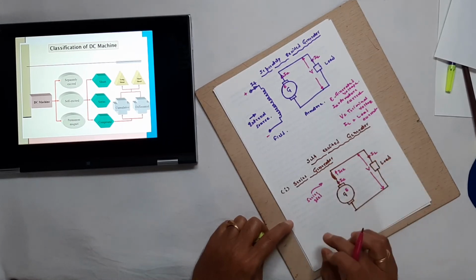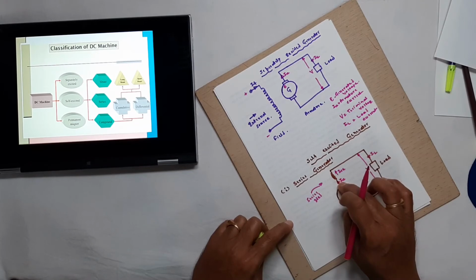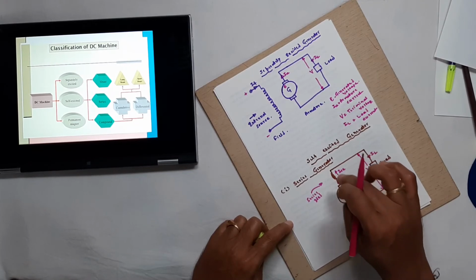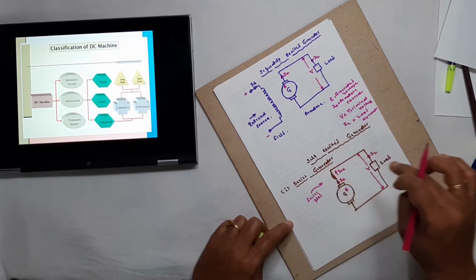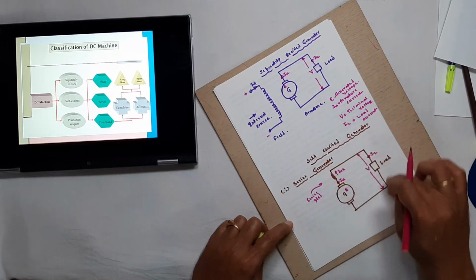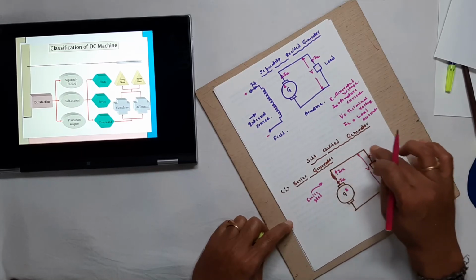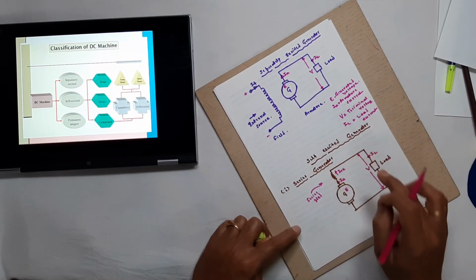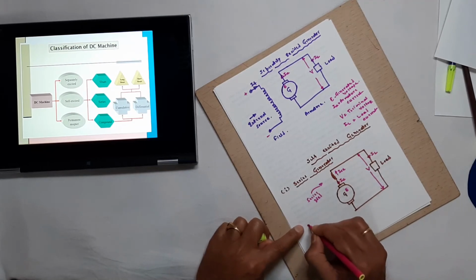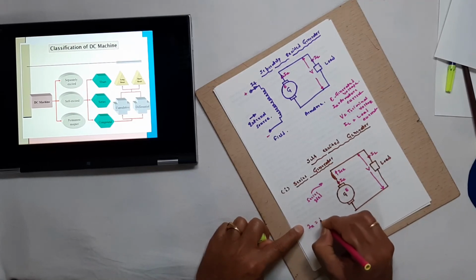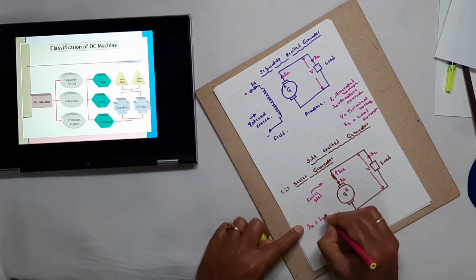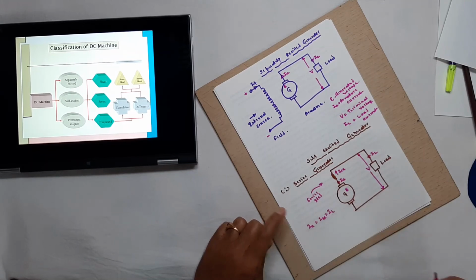If you observe here, the armature, the field as well as the load are all connected in series. Therefore, it is a series circuit, and all the currents are the same. That is, IA is equal to I series is equal to IL.